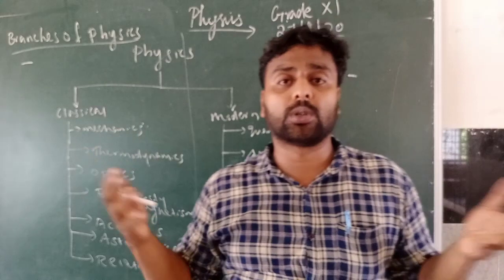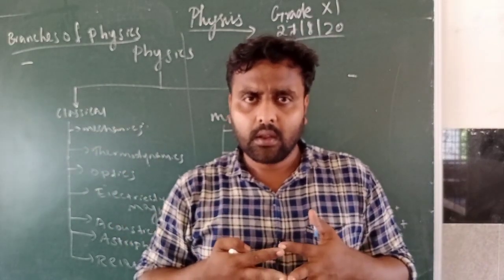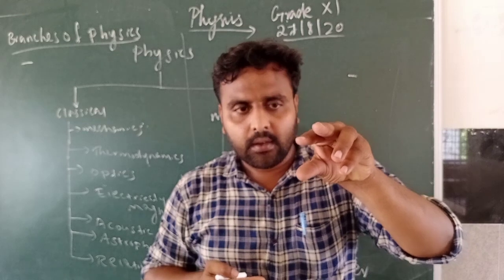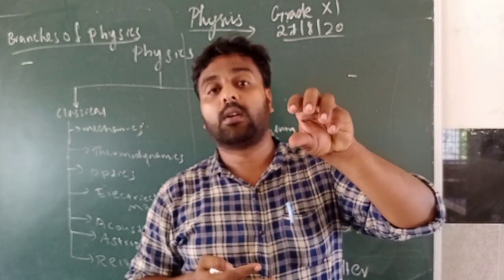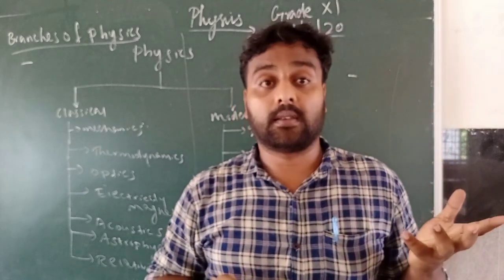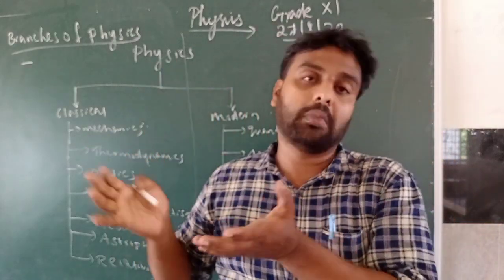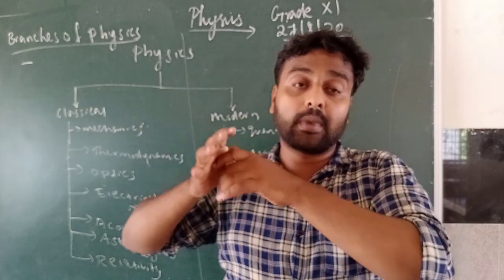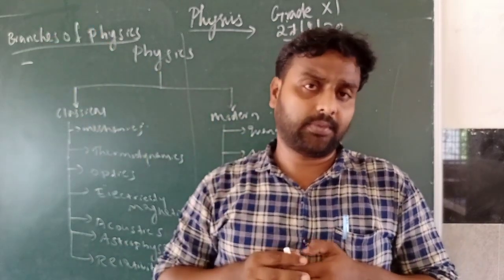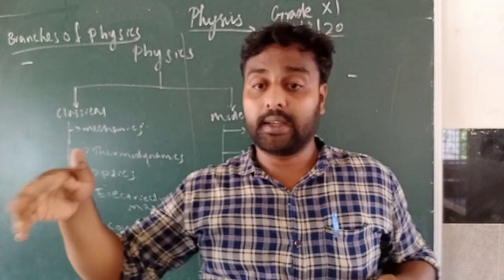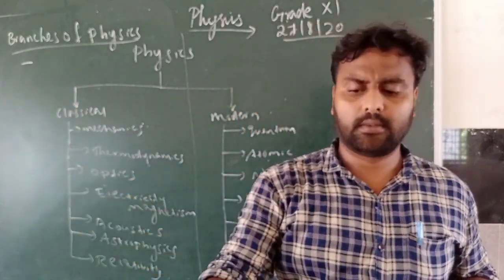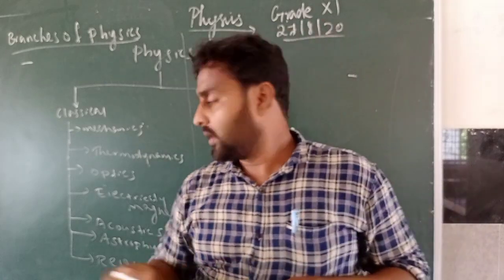What does this mutual relationship mean? A magnet is there inside all the electrical equipment like a generator. Inside, one big magnet is there. Because of that magnet, it produces electricity. So we will study that. We will discuss this topic clearly in 12th grade.